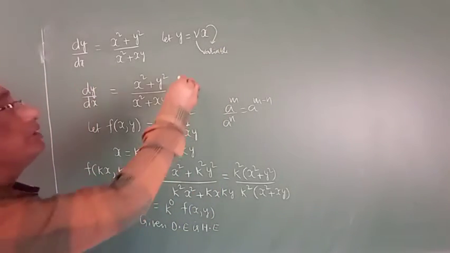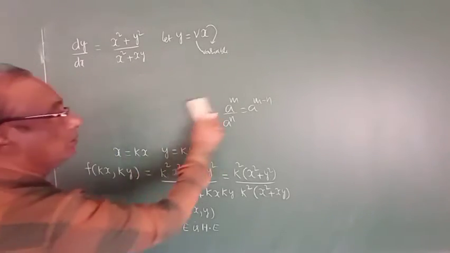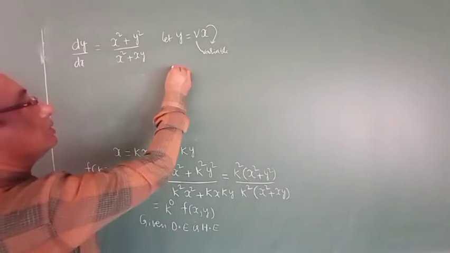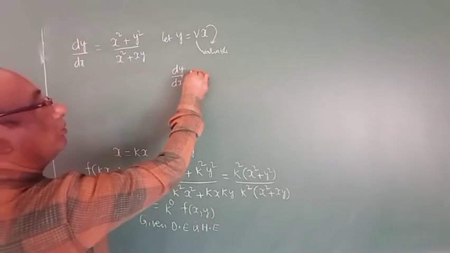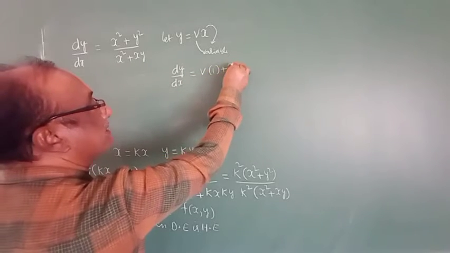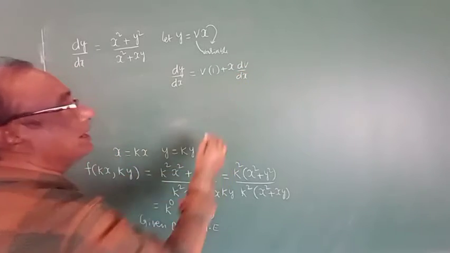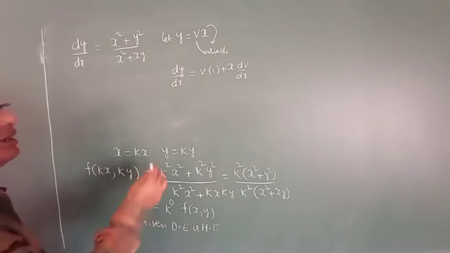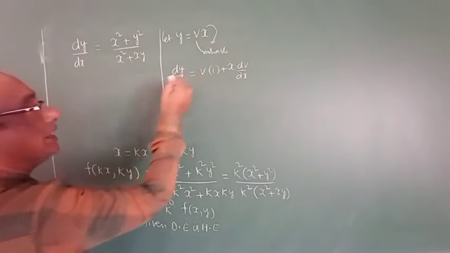So we use the u into v formula. dy by dx is equal to v times the derivative of x, which is 1, plus x times the derivative of v with respect to x, which is dv by dx. Now in place of dy by dx write this value.